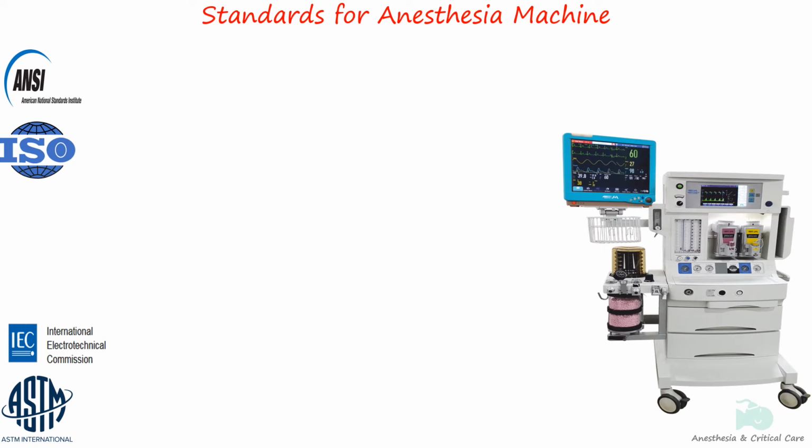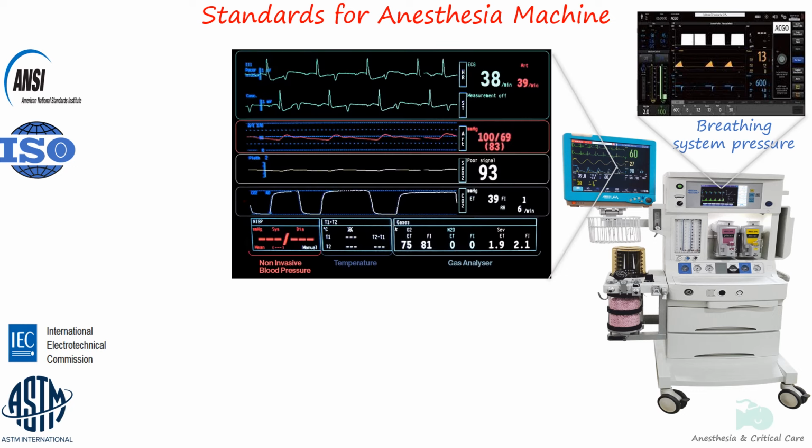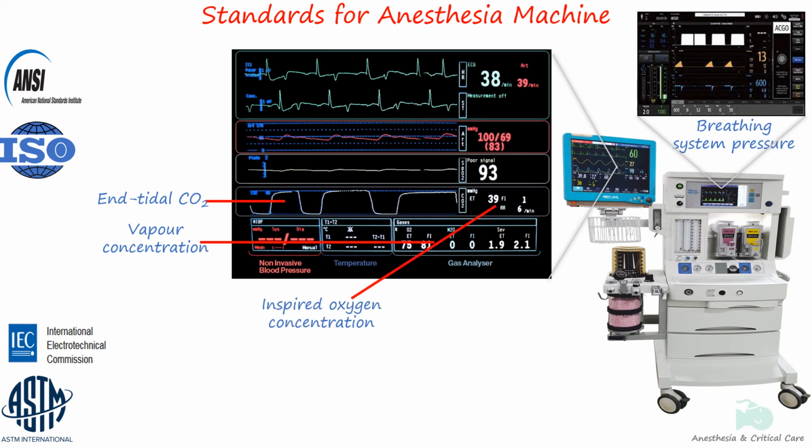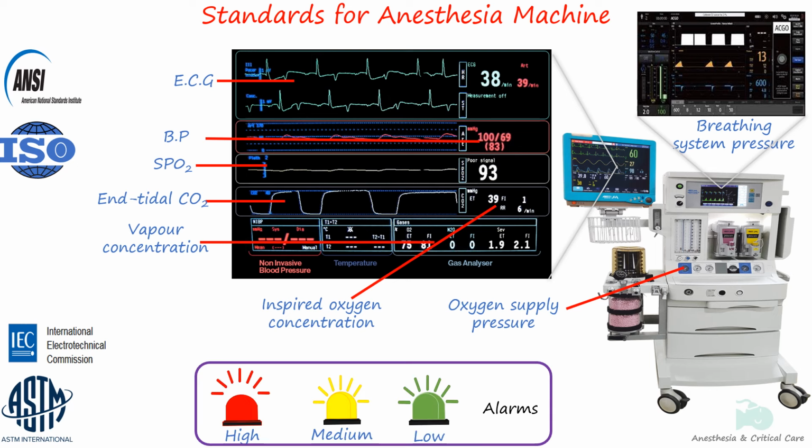The latest guidelines mandate that all modern anesthesia machines be equipped with the capability to monitor continuous breathing system pressure, exhaled tidal volume, anesthetic vapor concentration, inspired oxygen concentration, arterial oxyhemoglobin saturation, blood pressure, ECG, and oxygen supply pressure. An anesthesia workstation must feature a prioritized alarm system categorized as high, medium, and low.